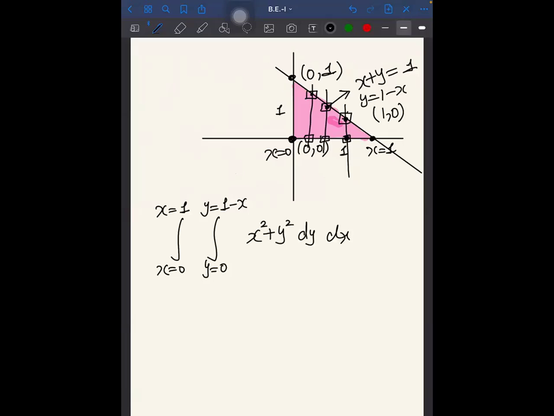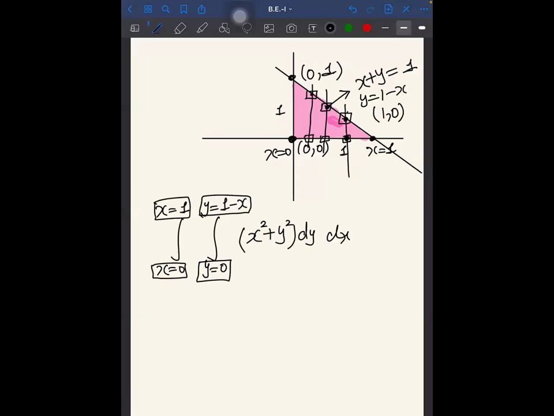Are you with me? So now can you do it on your own? Excuse me, sir, why have you taken dy first? Because we have y limits over there. But we also have an x limit. Yes, but our x is over there, and we can also change those things.